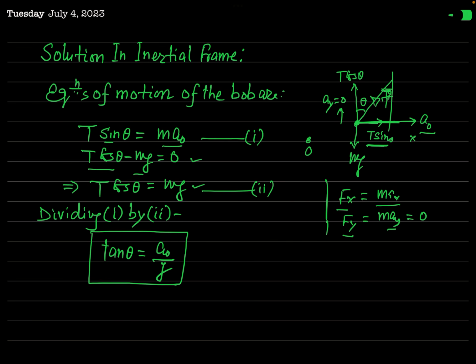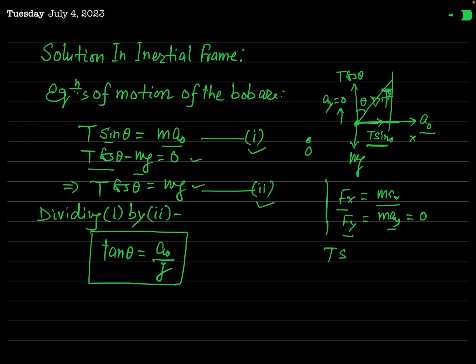Now since we do not know the tension T and the angle theta, but in this problem we have been asked to calculate theta, so we must eliminate this T, and for eliminating T you can divide this equation 1 by this equation 2.